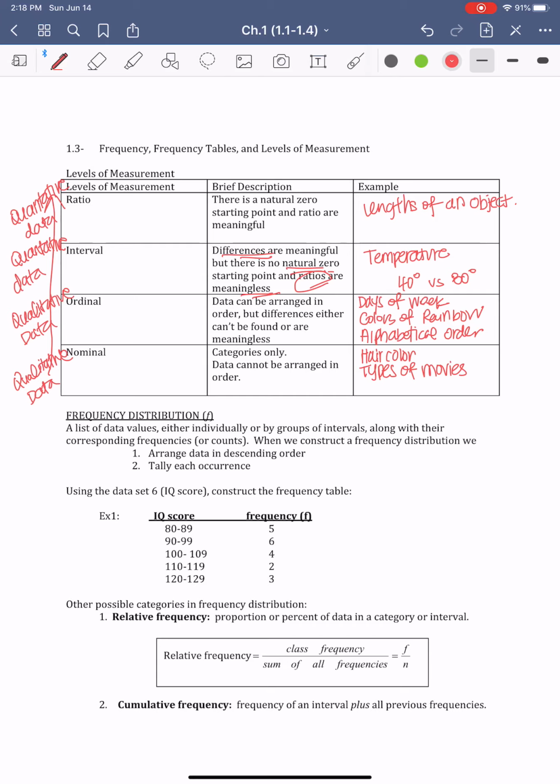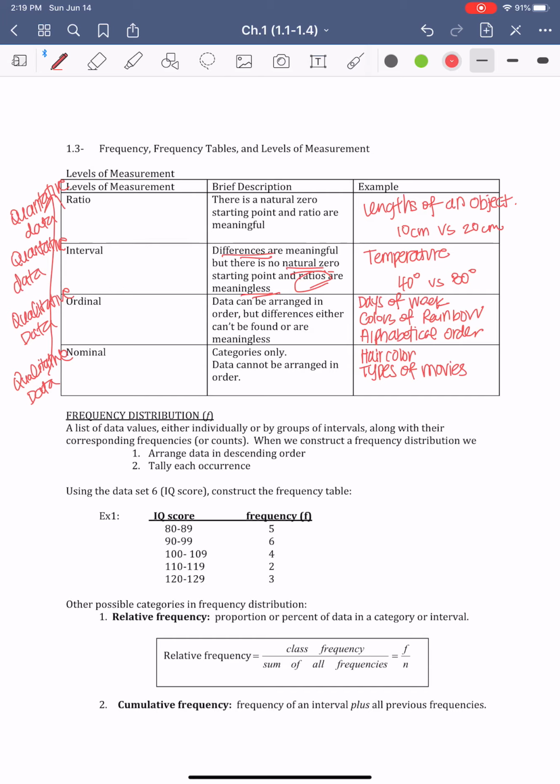We don't say 40 degrees is half as cold as 80 degrees. We just have 40 degrees and 80 degrees, and those mean different things. Whereas with the length of an object, let's say you have a 10 centimeter object versus a 20 centimeter object. You can find the difference: 10 centimeters.